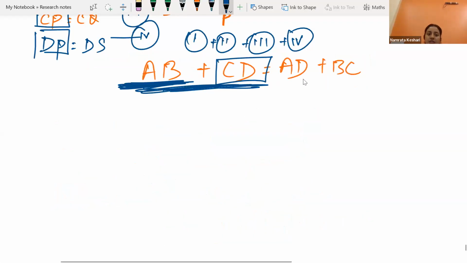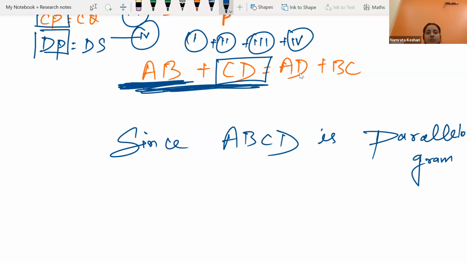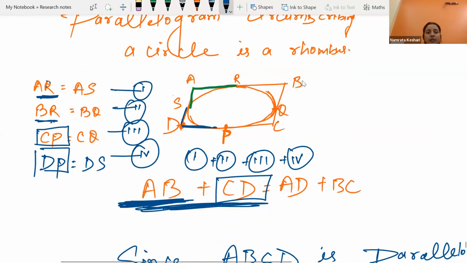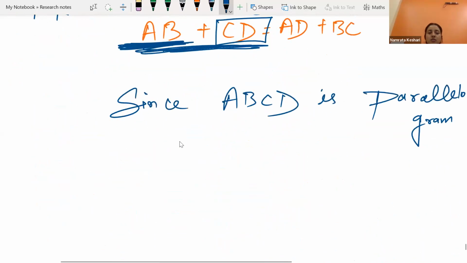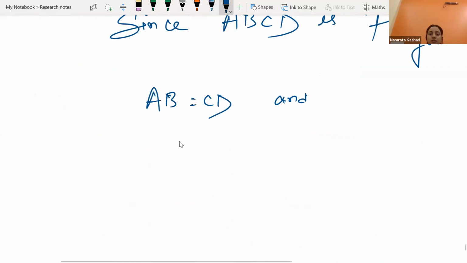Now we can say, since ABCD is a parallelogram, opposite sides are parallel and equal with each other, right? Okay, we know that AB will be equal to CD, and AD will be equal to BC.